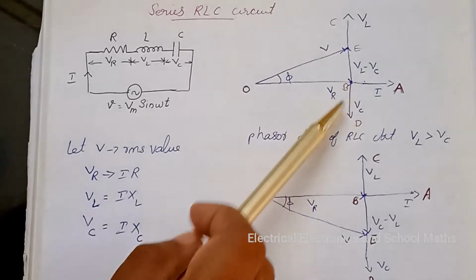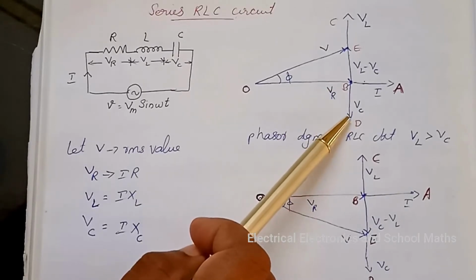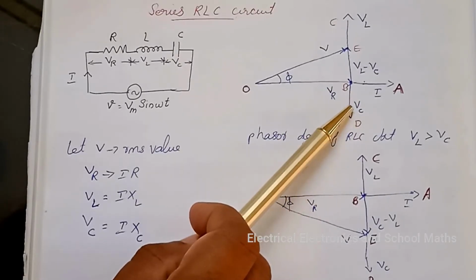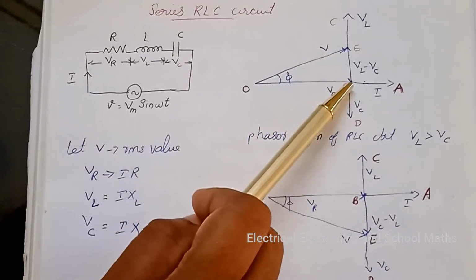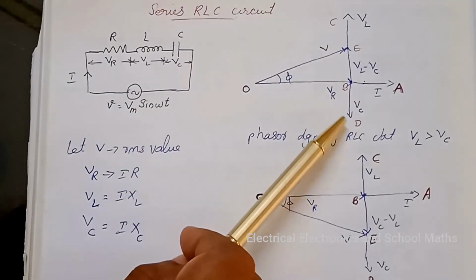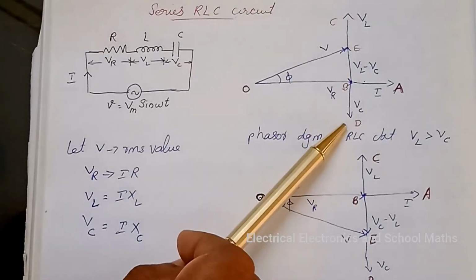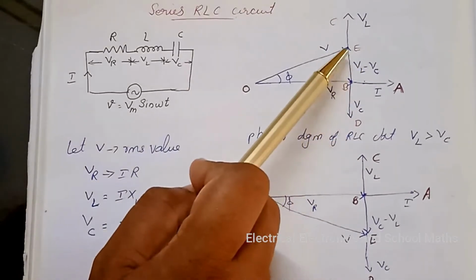The voltage VC represented by BD lags the current by 90 degree. And the phasors BC and BD are in direct opposition, and hence their resultant is given by BE.